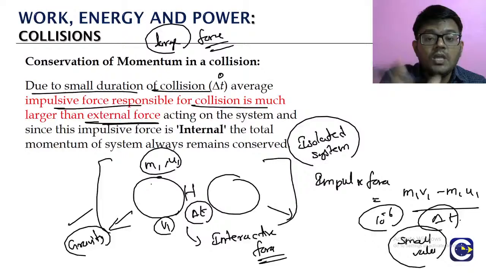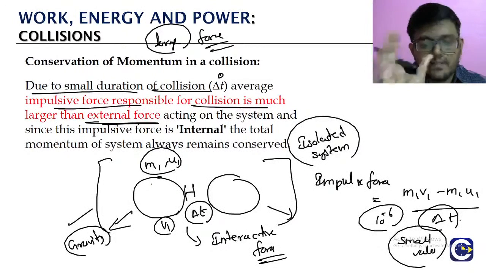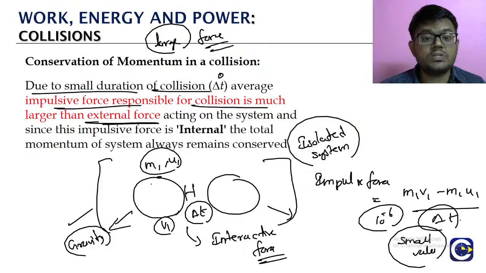Because during the collision time the external force can be neglected in comparison to the interactive force that operates during the collision time. The external force value will be very small. So we can neglect the impact of the external forces during the collision time. That is the reason why the collision phenomenon is also called an isolated event.